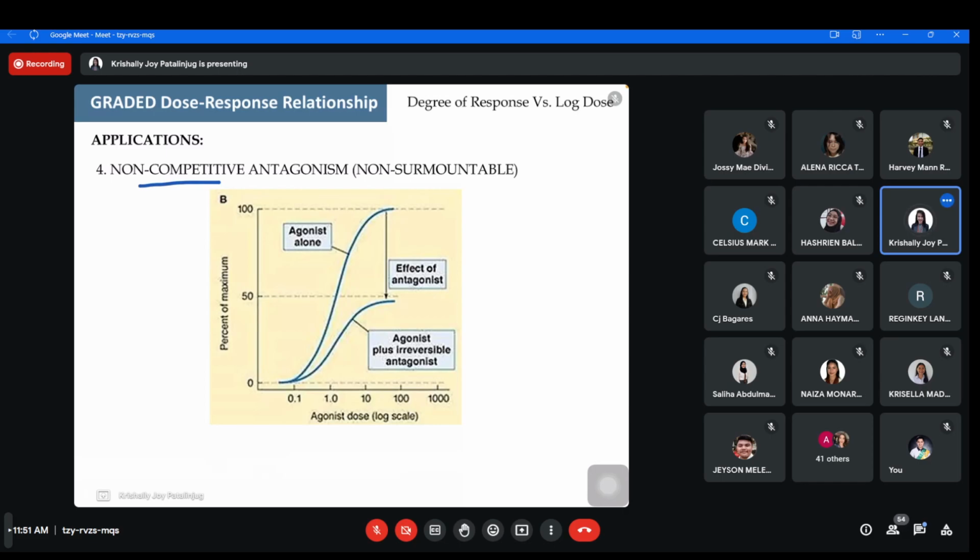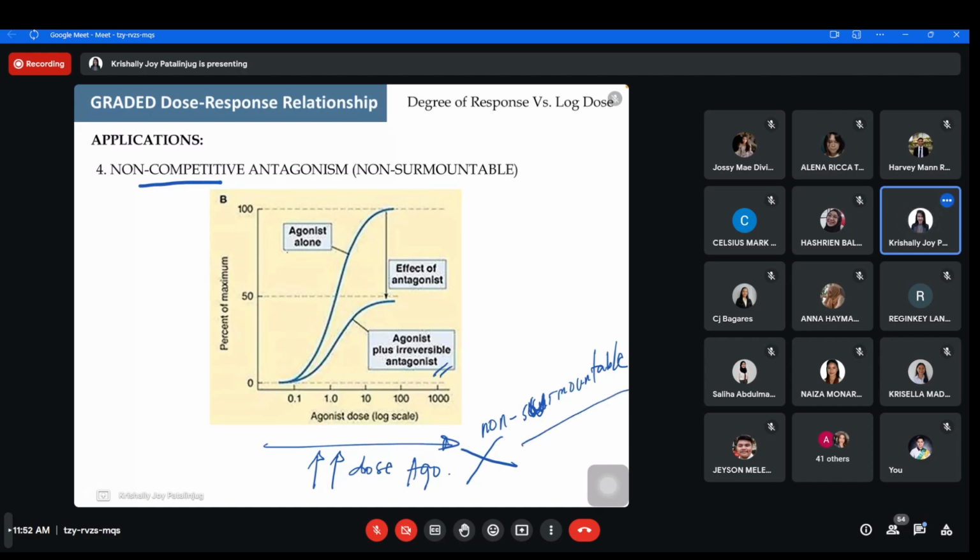Non-competitive this time, if upon increasing the dose of the agonist, it will not surmount, or it will not completely overcome the effect of the antagonist. So non-surmountable kahit nag-shift to the right yung graph ng agonist with the antagonist.